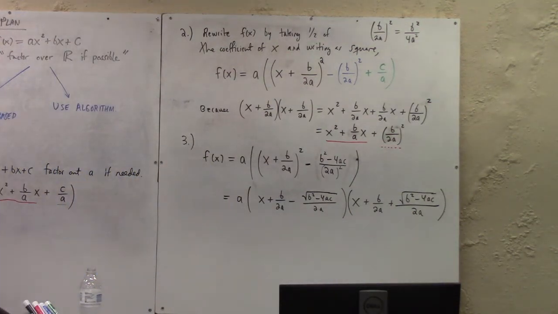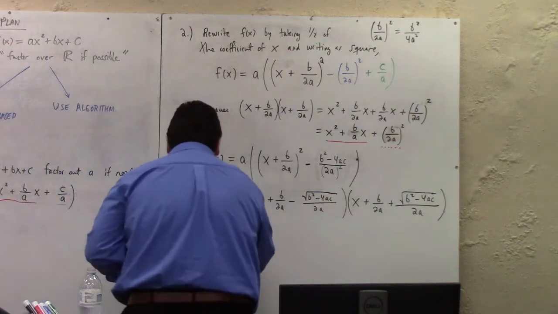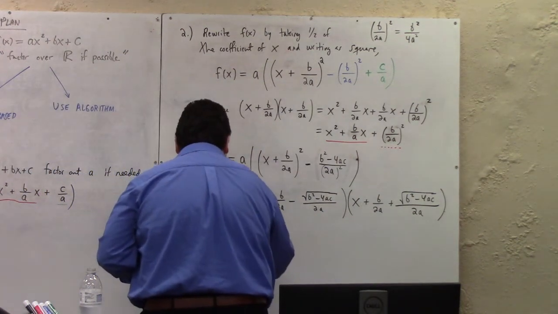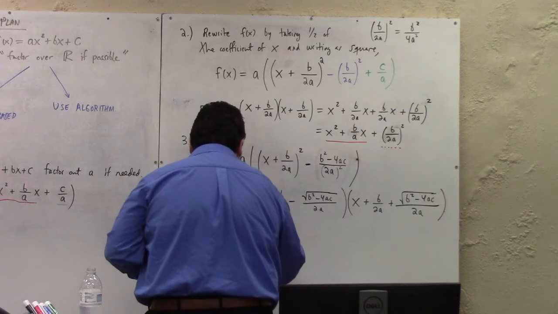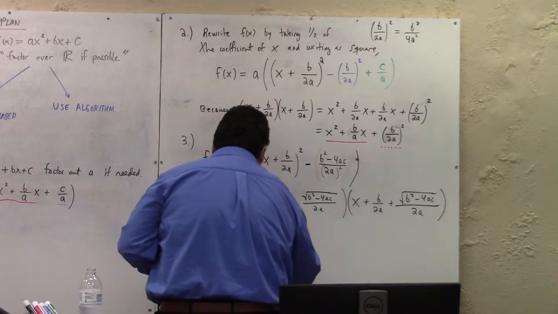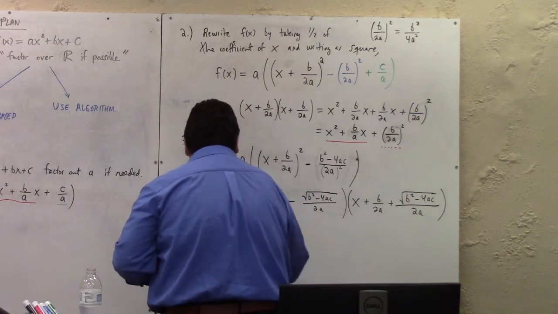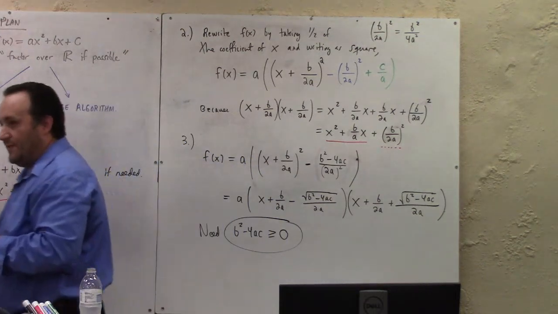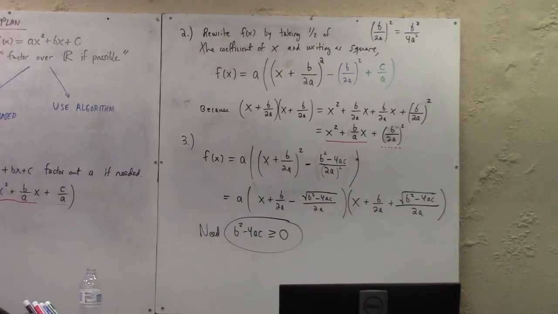Now, when does that step work? What do we need for that last step to make sense? I think the square root of b squared minus 4ac, right? For that to be real, what do we need about b squared minus 4ac? We need b squared minus 4ac to be greater than or equal to 0 for my last algebra step to make sense with real numbers.